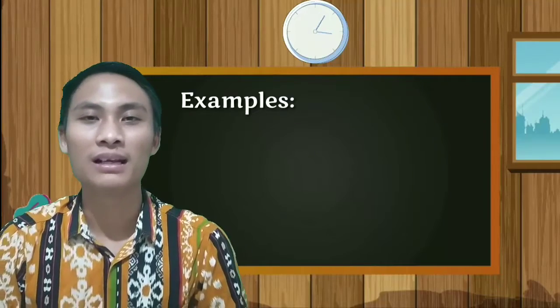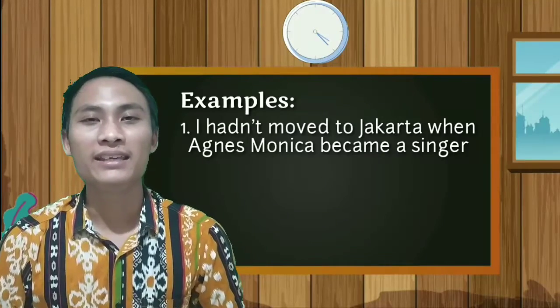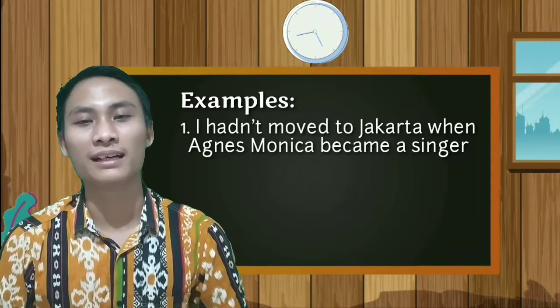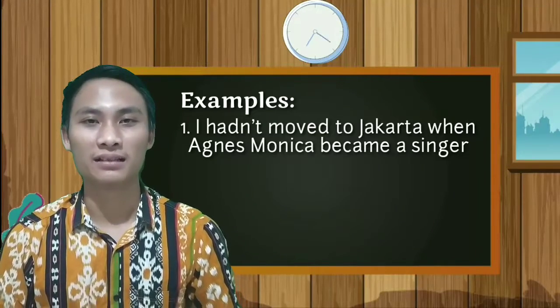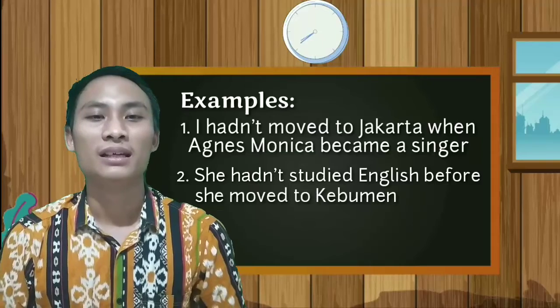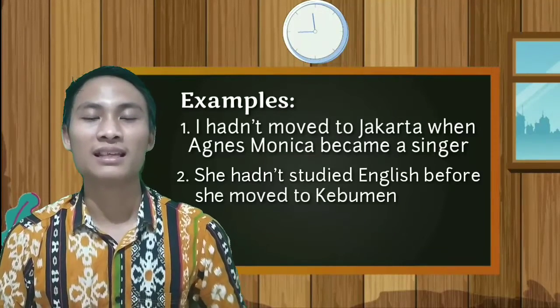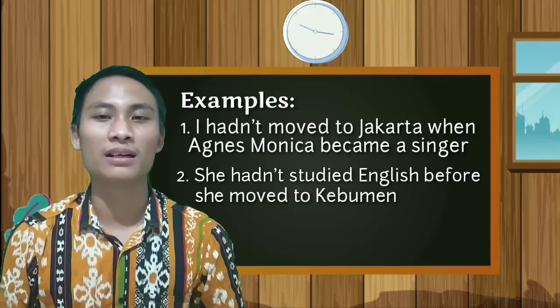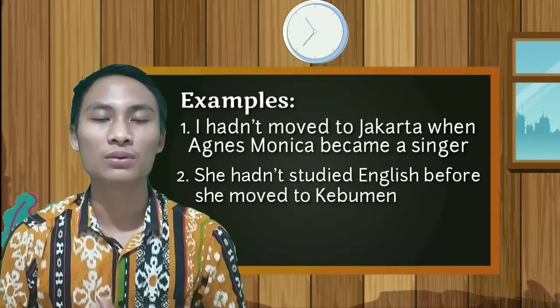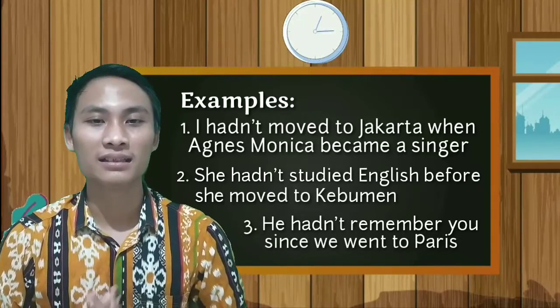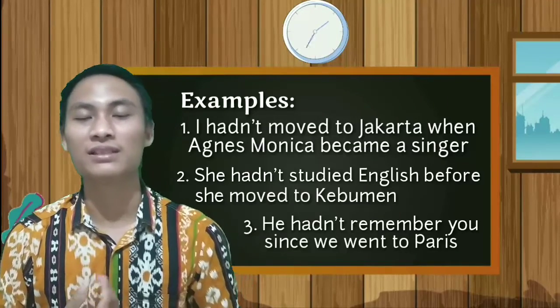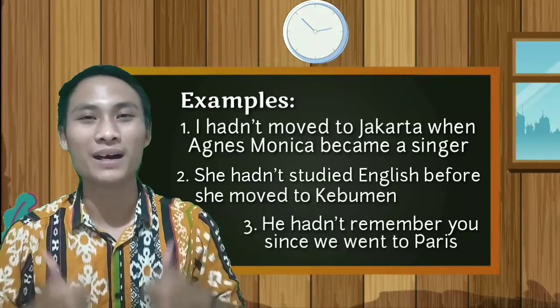For example, number 1: I hadn't moved to Jakarta when Agnes became a singer. Number 2: She hadn't studied English before she moved to Kebumen. Number 3: He hadn't remembered you since we went to Paris.